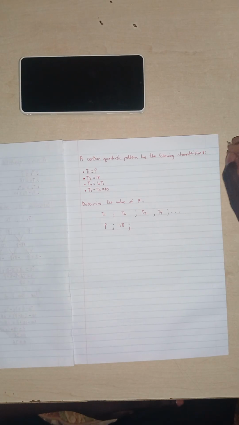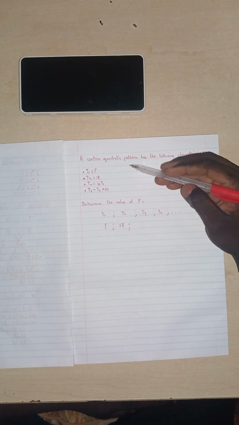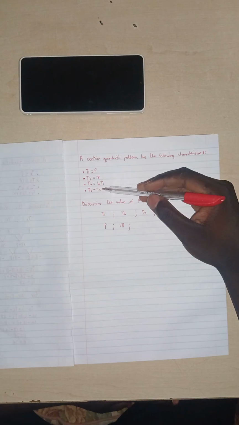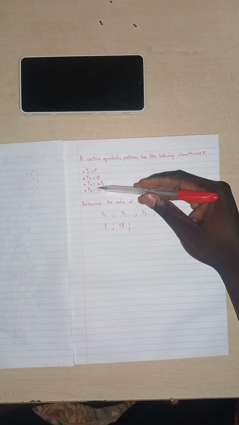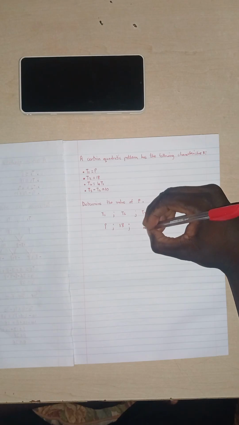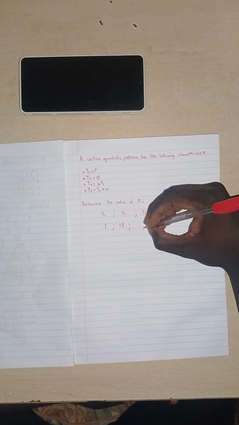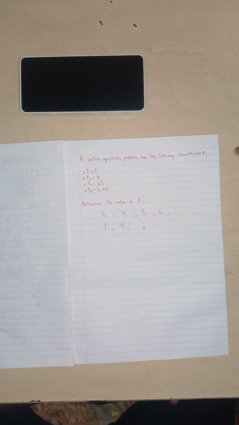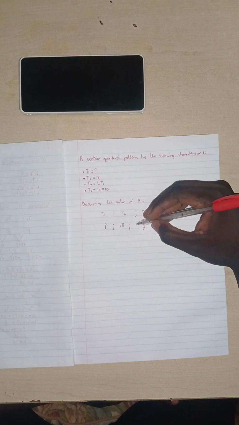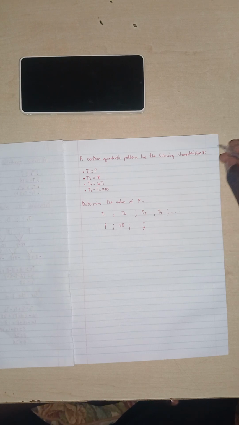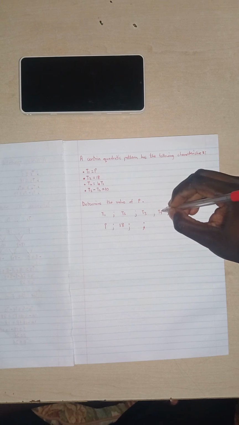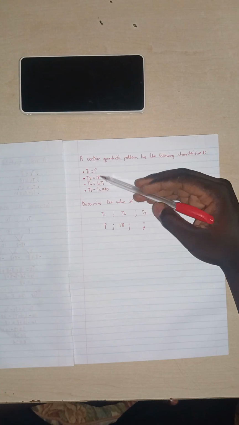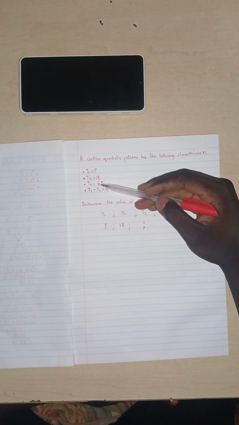Then what is term number 3? They didn't give us term number 3. But what we can do is skip term number 3 since they didn't give it to us. Then let's look at term number 4. What is term number 4? Term number 4 is 41, right?